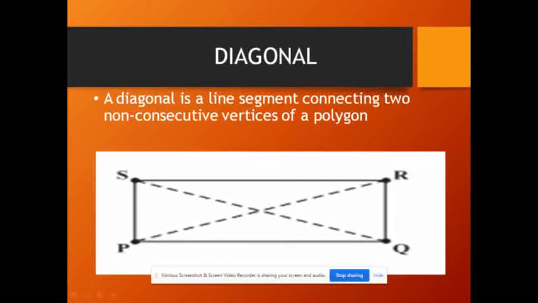PQRS is a closed polygon. Diagonals are PR and QS. They are the line segments connecting the opposite vertices P and R, and Q and S, of this polygon.